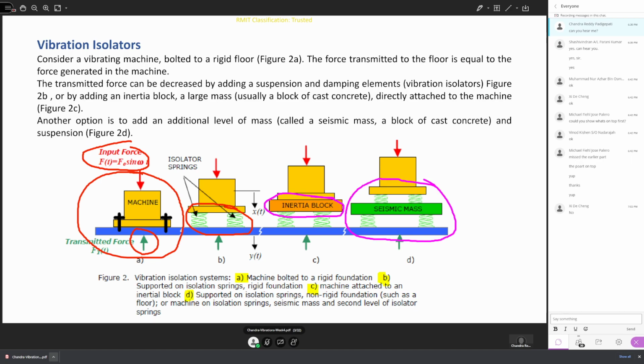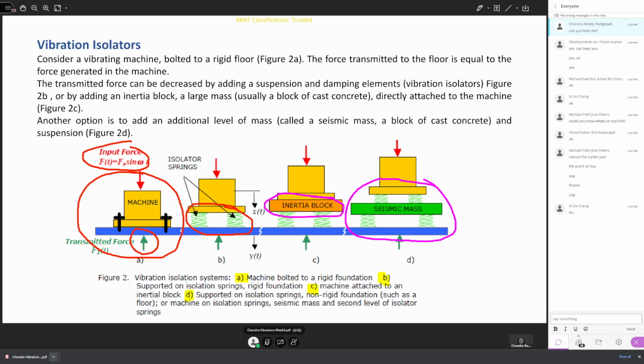The building is supported by springs, then there is a seismic mass which can absorb a lot of the energy coming from the base, and this seismic mass is supported by isolator springs, and then you have the building or whatever the mass is.